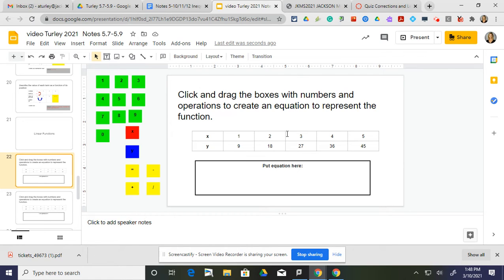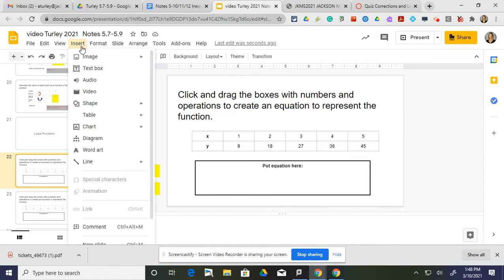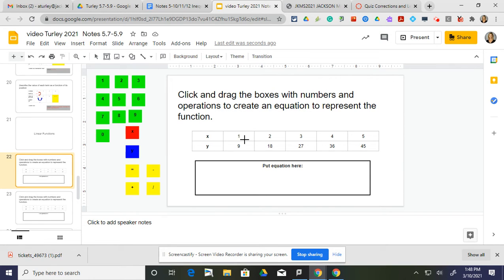You'll notice the top's going up by 1, so we can look at the bottom to see if there's a pattern. And you are adding 9. 9 plus 9 is 18. 18 plus 9 is 27. 27 plus 9 is 36. So we've learned that if there's a number you're constantly adding, then that will be the number you multiply by for our rule.